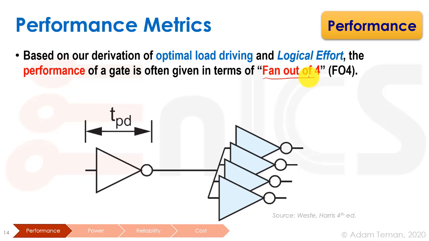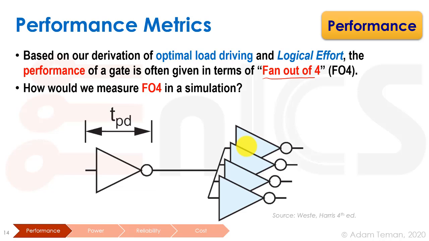We want to see what the TPD of a single gate is when it's driving something 4 times as large as it, and that normalizes the gate to see how good it is at driving a common type of load. So this is a fan out of 4. We take one gate, we load it with 4 similar gates, and we measure the propagation delay of the gate.